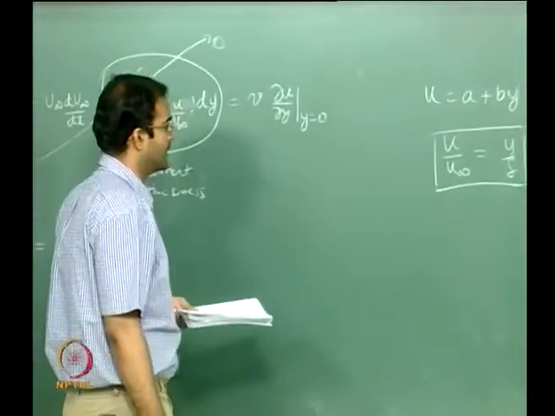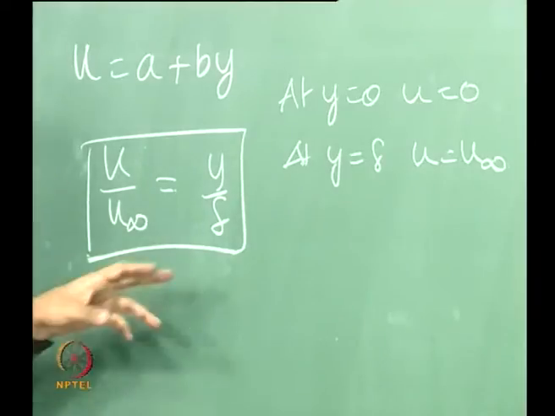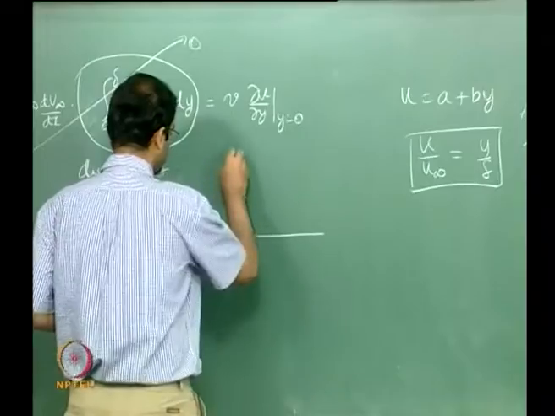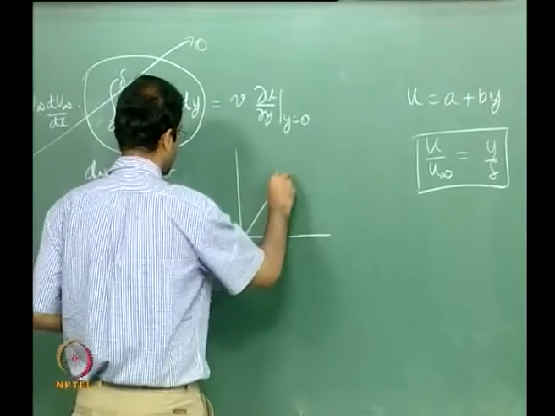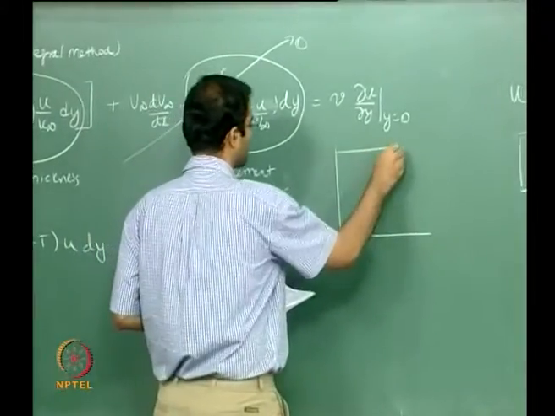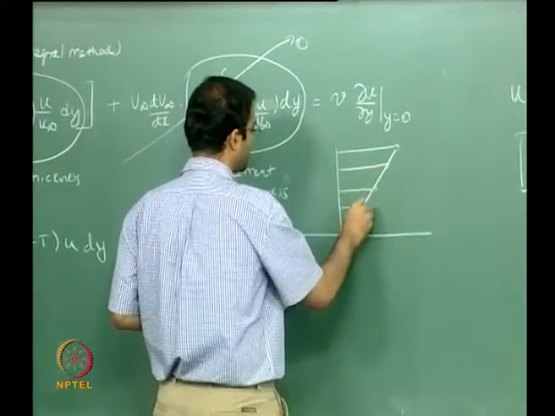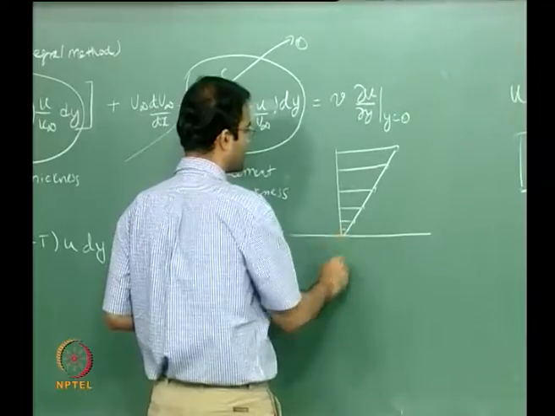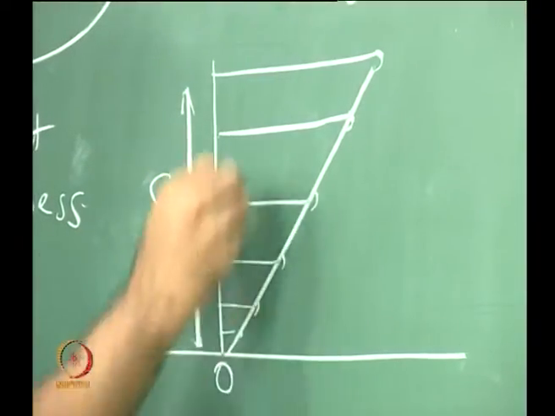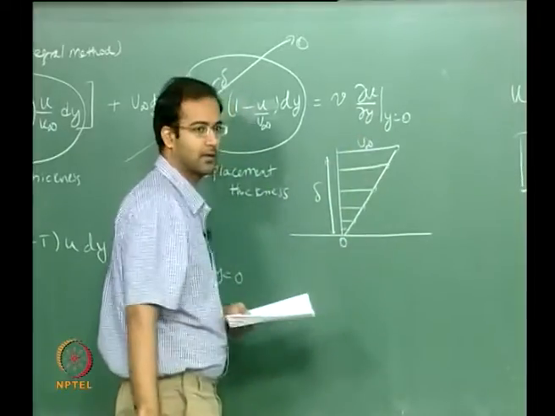When we use the linear profile, that means we assume that the variation in the boundary layer is completely like this, which is totally unlike the solution that Blasius got. This is your delta and this varies from 0 to u infinity.